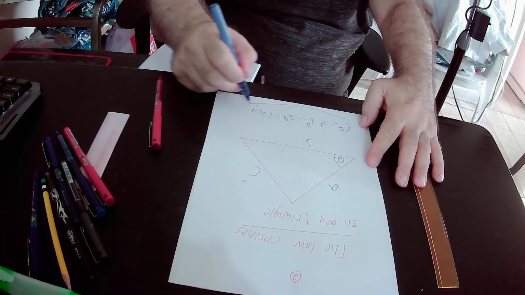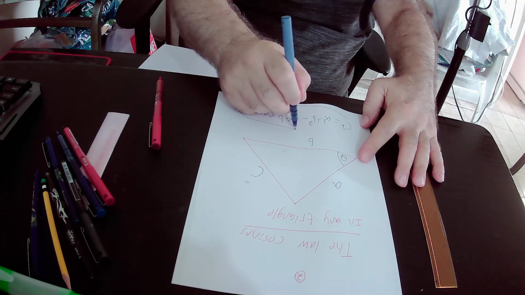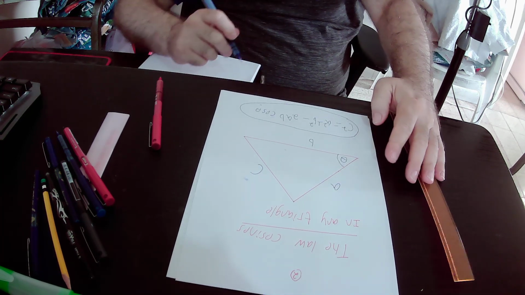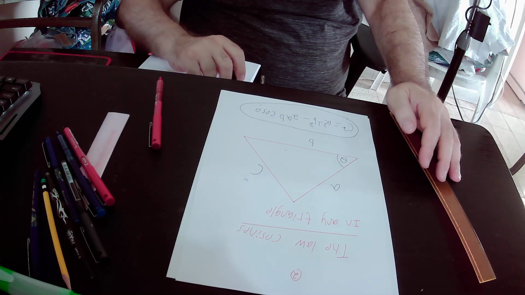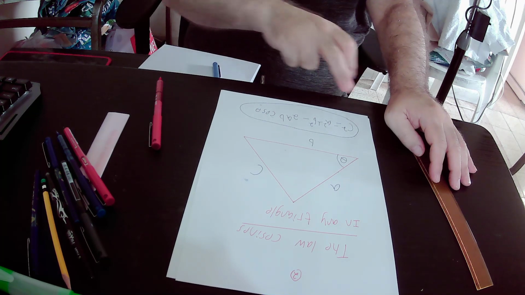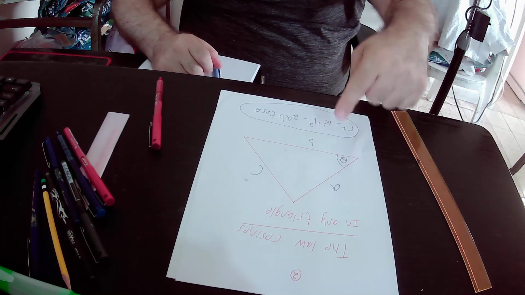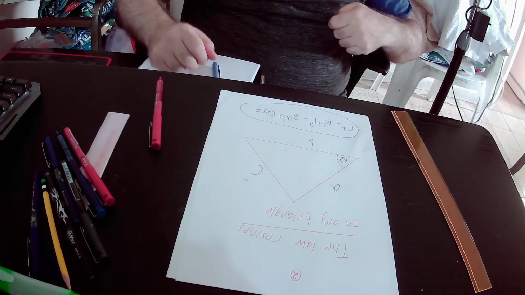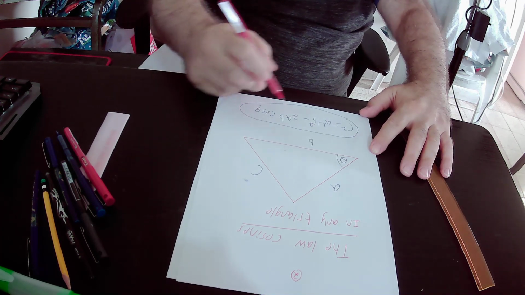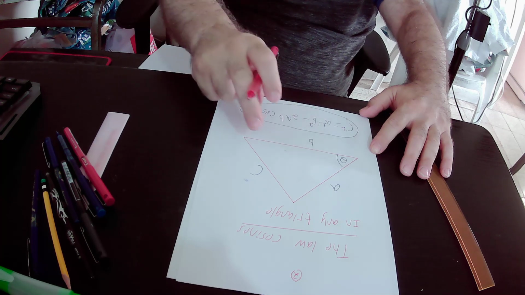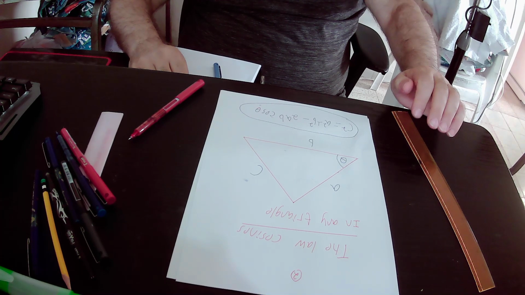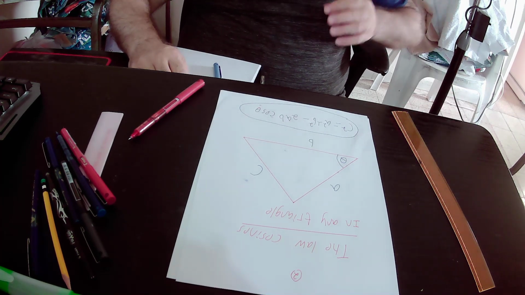So this equality is true for any triangle: C squared equals A squared plus B squared minus 2 times A times B cosine theta, where theta is the angle between side A and side B of the triangle. Again, it is true for any triangle.